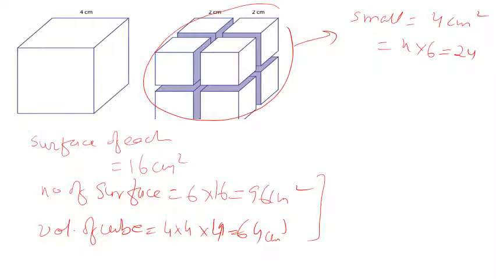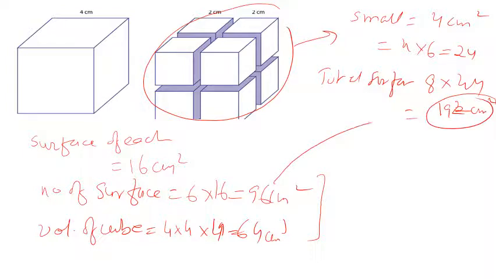So for 8 cubes, the total surface is 8 into 24, 192 centimeters square. So the surface area increased from 96 to 192. On the other hand, volume is still 64. Very interesting. Your area is increasing, but the volume is same.